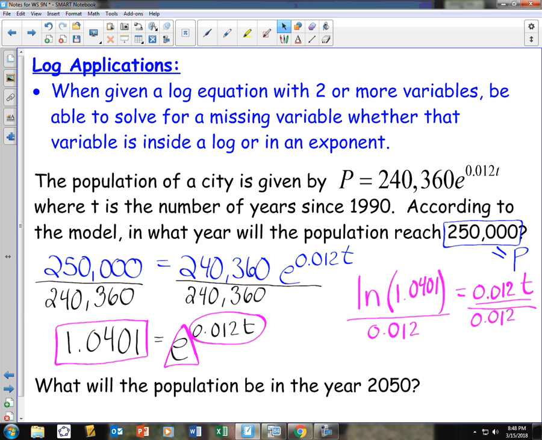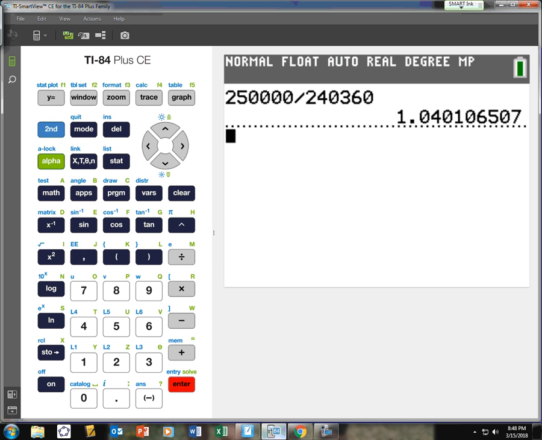All right, let's see if I can put this in my calculator. Okay, I'm going to do natural log. I'm going to hop up here and copy paste that number. Okay, so natural log of that divided by, notice I ended the parentheses on that, divided by 0.012. And I get, let's just call that 3.28.